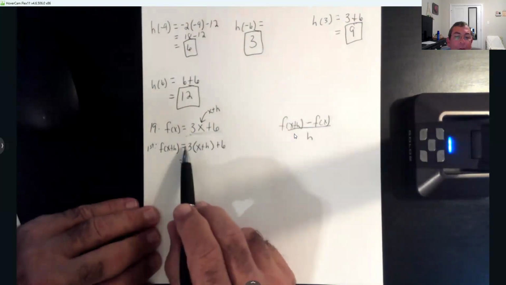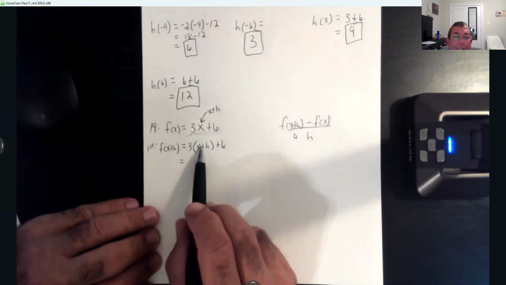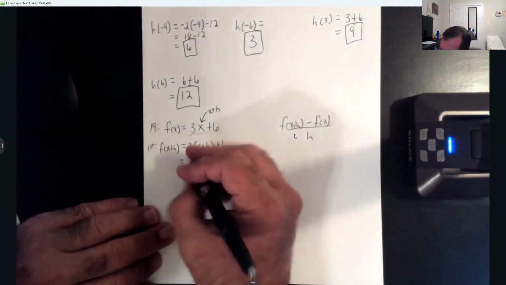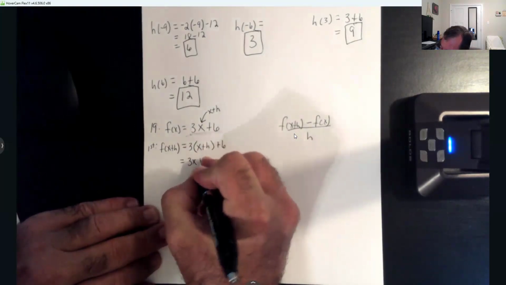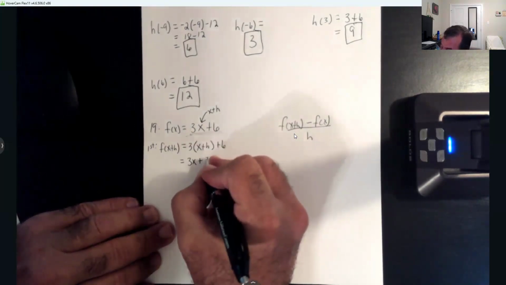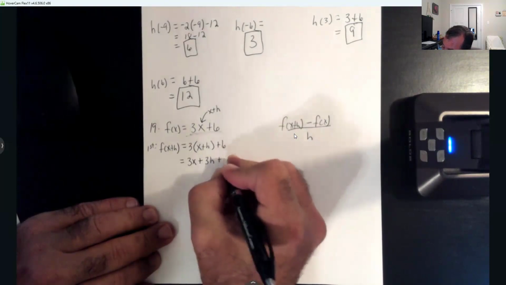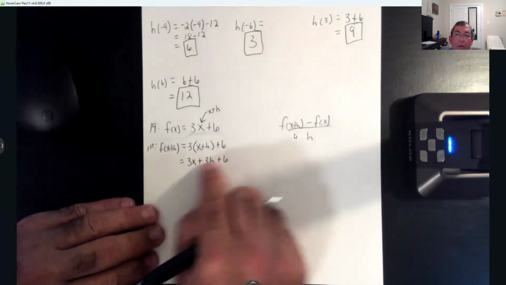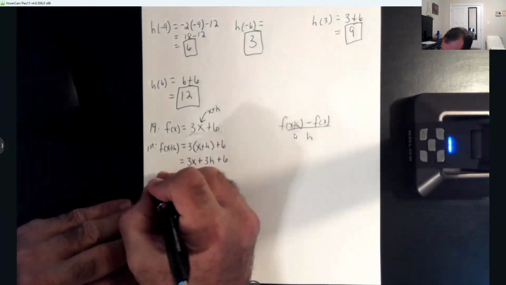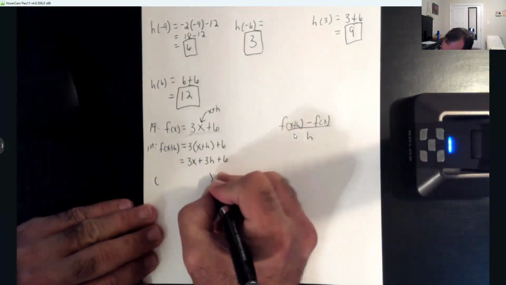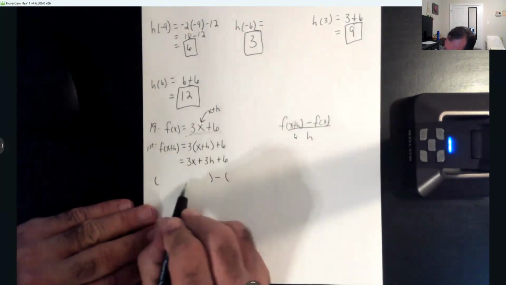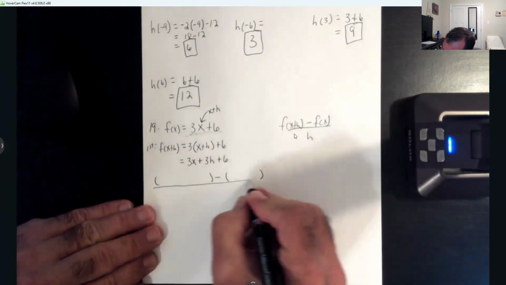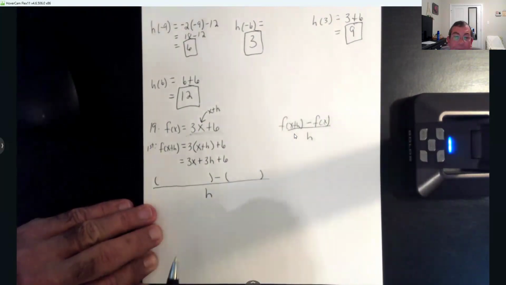So I get 3 times x plus h plus 6. And then the only thing you can do to that is get rid of the parentheses by distributing that 3. So 3 times x is 3x plus 3 times h is 3h. And I still got my plus 6. So this is all now f of x plus h. So we're going to plug it into the formula. The f of x plus h minus the f of x will all be over that h.